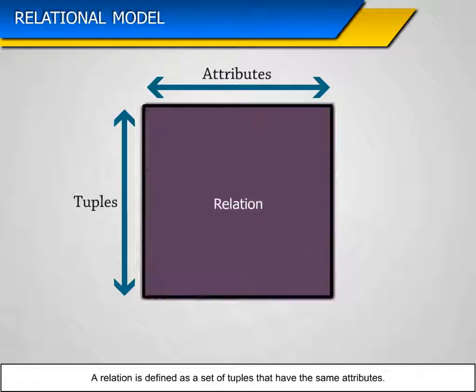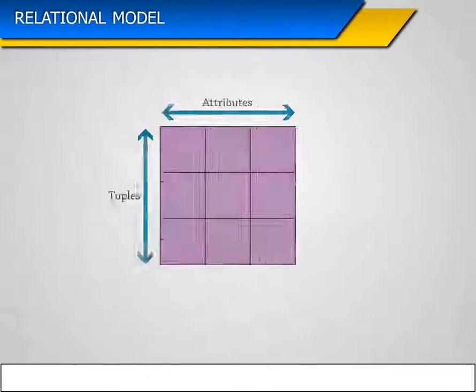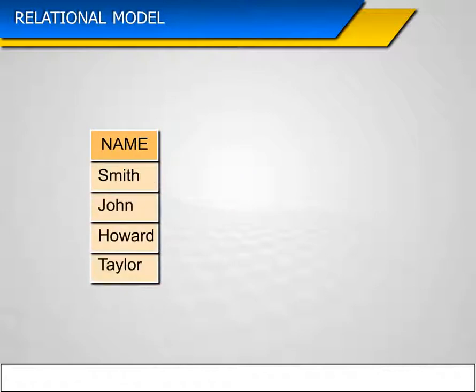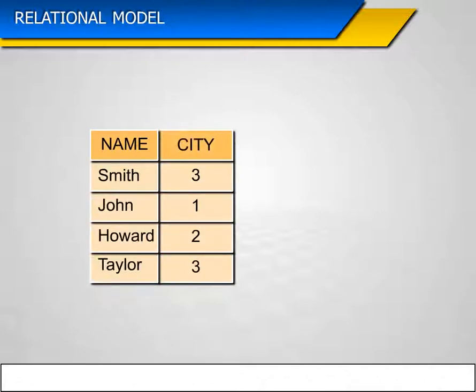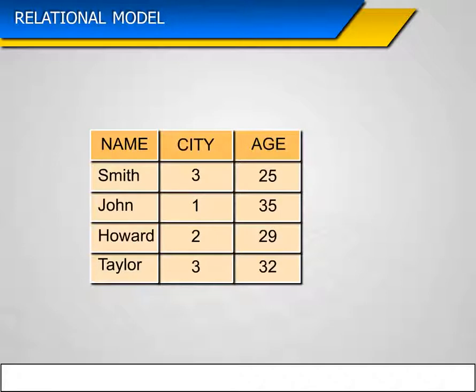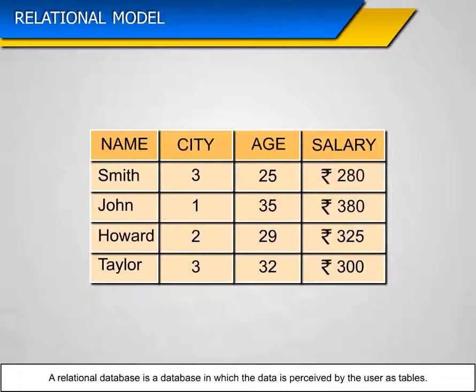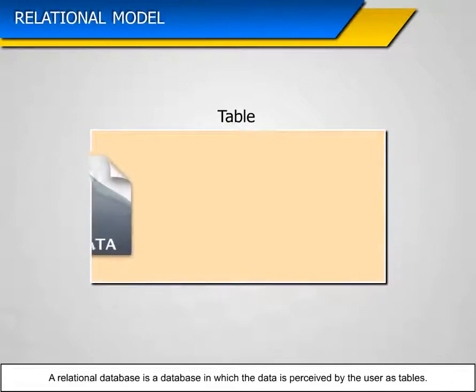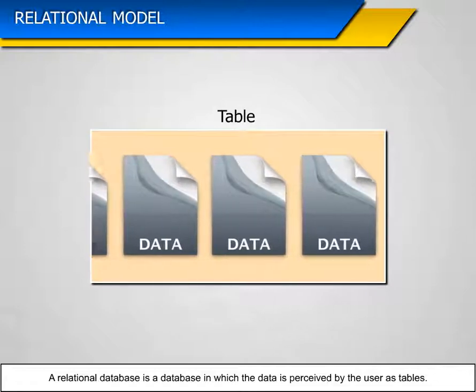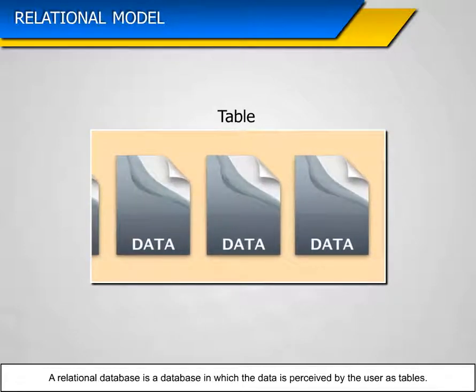A relation is defined as a set of tuples that have the same attributes. A relational database is a database in which the data is perceived by the user as tables.